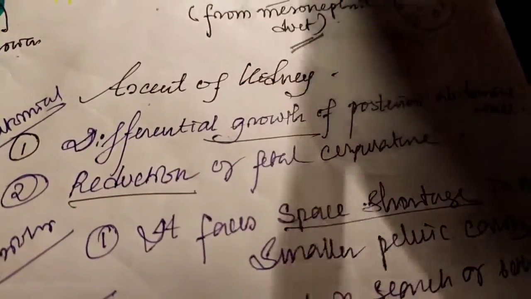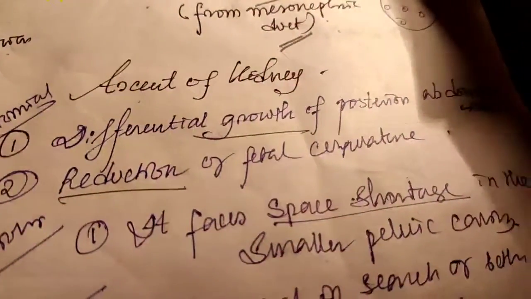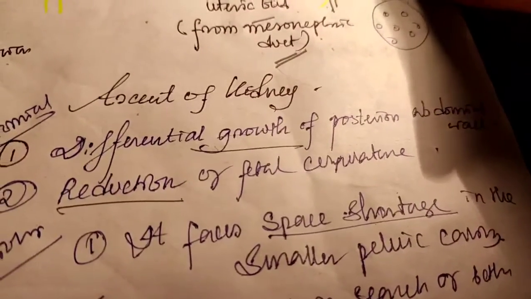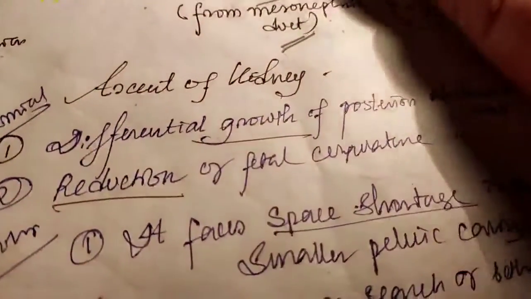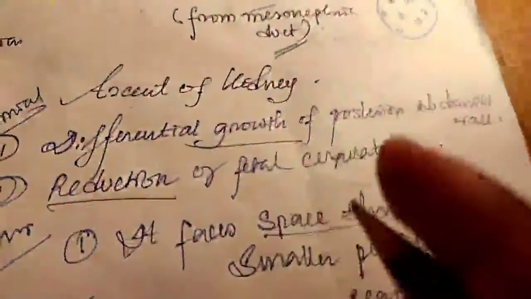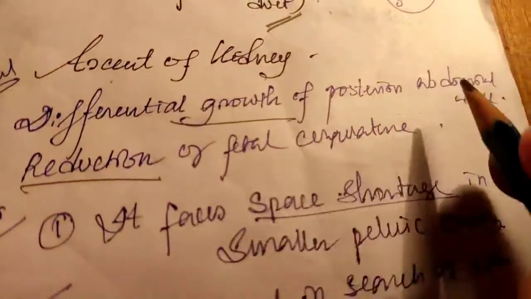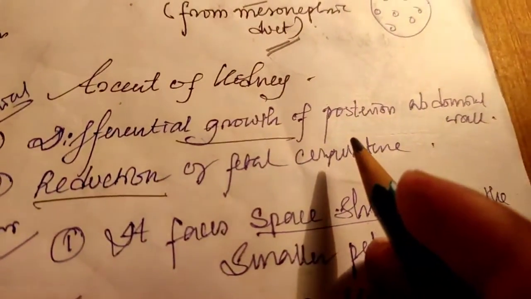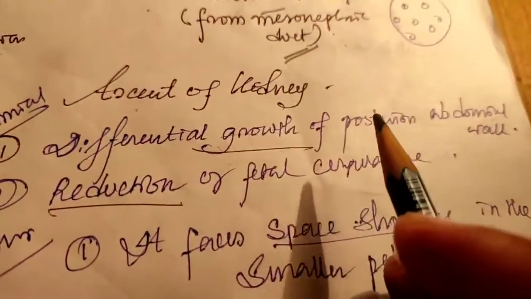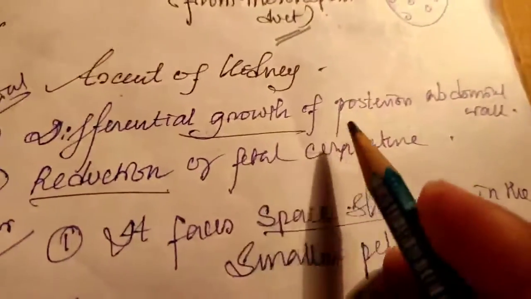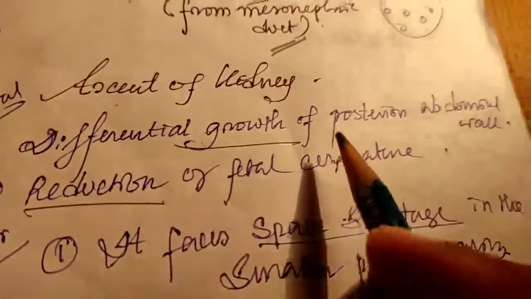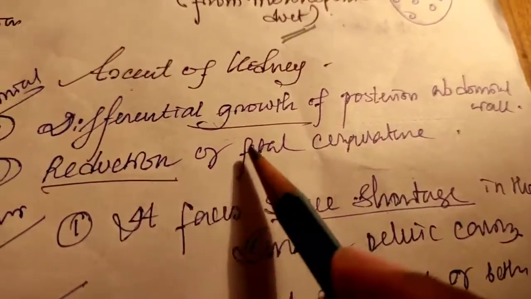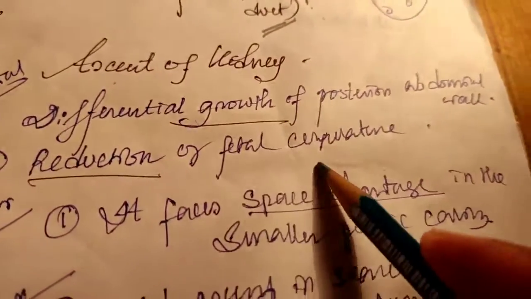From fetal life to adult condition, growth of the posterior abdominal wall increases, so the kidney will ascend. So the first reason is differential growth of the posterior abdominal wall. And the second point is reduction of fetal curvature.